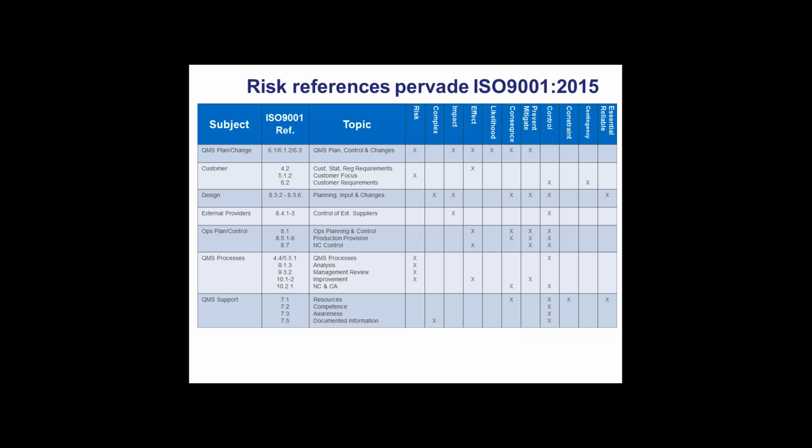So we've got the term risk itself, we've got the term complex or complexity, impact, effect, likelihood, consequence. These are all expressions of risk. So when we talk about risk-based thinking, we're already doing it. We were doing it in the 2008 standard. We were doing it long before the 2008 standard. It's just we didn't always use the term risk.